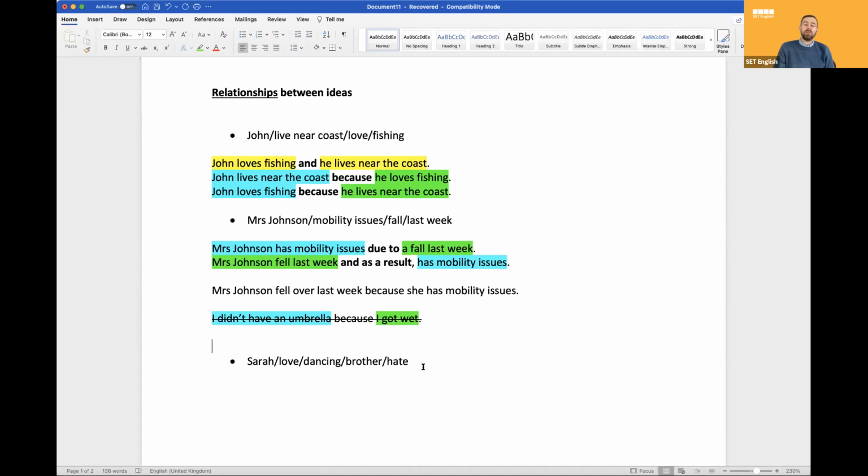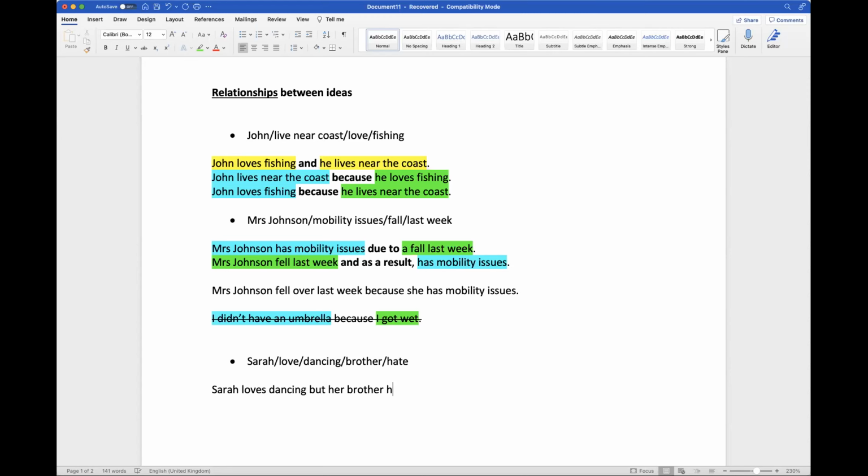However, it's contrast, isn't it? Although, but, a really simple one would be: Sarah loves dancing, but her brother hates it. Don't forget that pronoun.